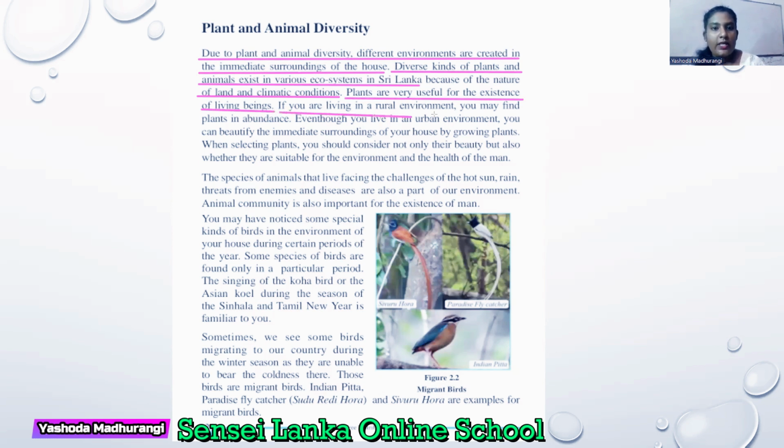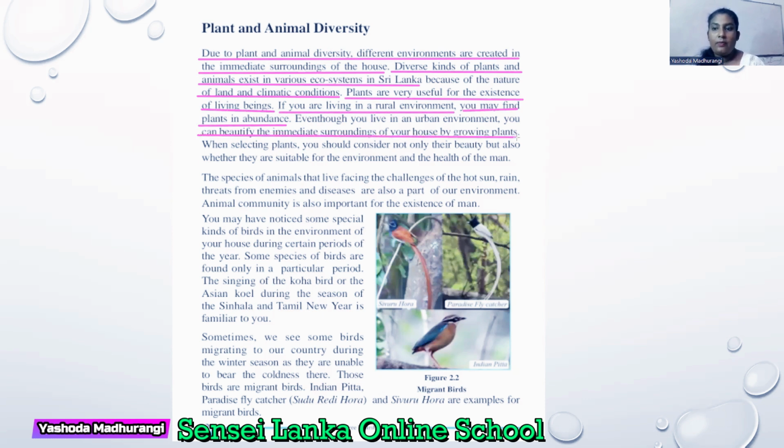If you are living in a rural environment, in a village environment, you may find plants in abundance. What is the meaning of abundance? Everywhere you can see. Even though you live in an urban environment, sometimes in a city, you can beautify the immediate surroundings of your house by growing plants.